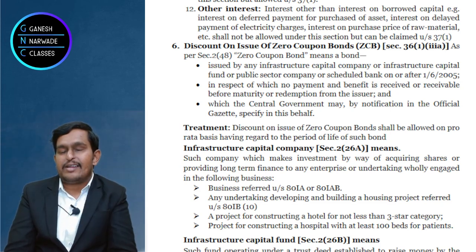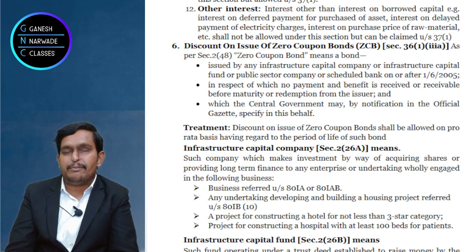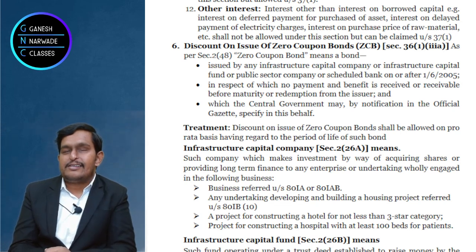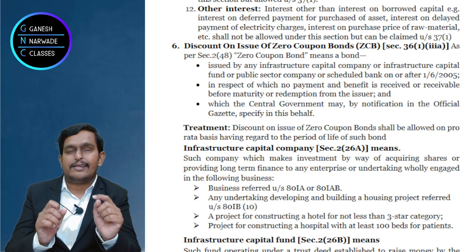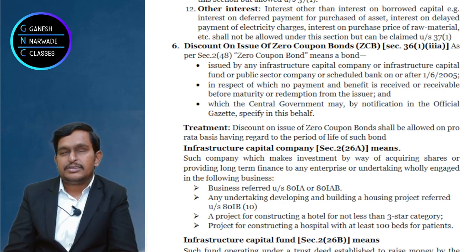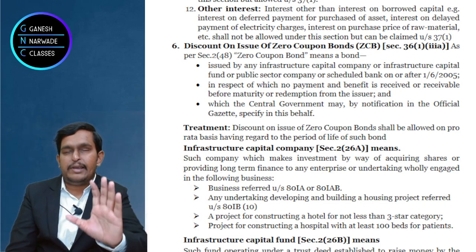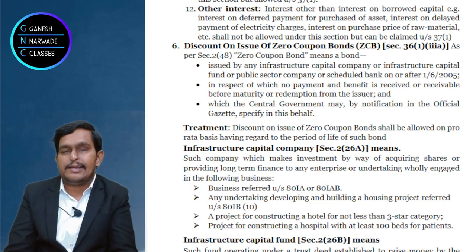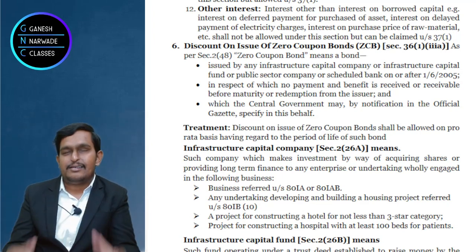We discussed infrastructure capital company and infrastructure capital fund. Now infrastructure capital company is defined under section 2 clause 26A. Infrastructure capital fund is defined under section 2 clause 26B. Now basically both these do only one thing. Look, a company is a company, an incorporated entity under the Companies Act 2013. A fund is nothing but a trust.